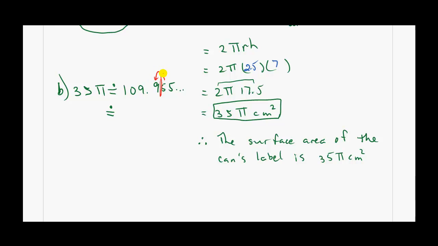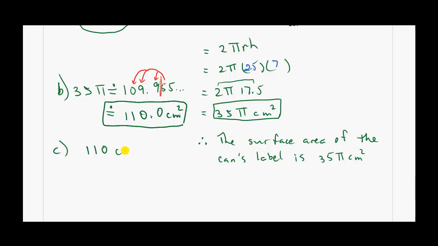We see that this 5 bumps the 9 to a 0, and that 0 to a 1. A trickle-down effect takes place. This becomes 110.0 centimeters squared. Part C, round our answer to the nearest square centimeter: 110 square centimeters.